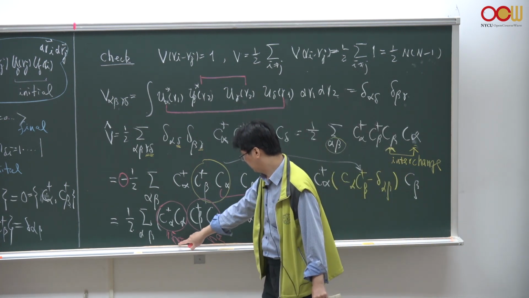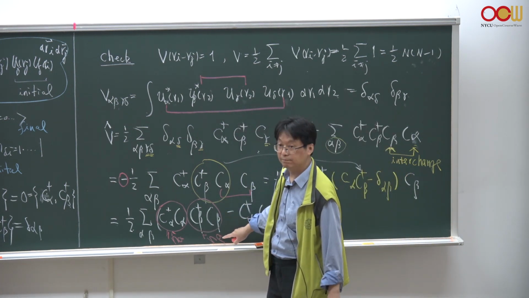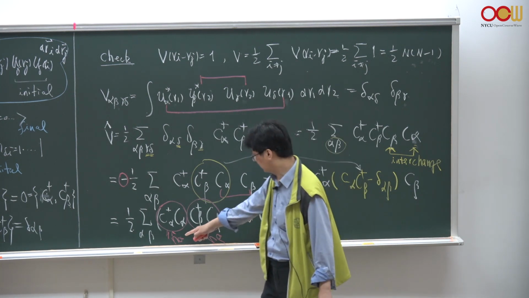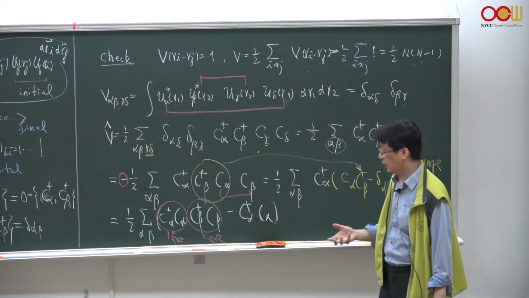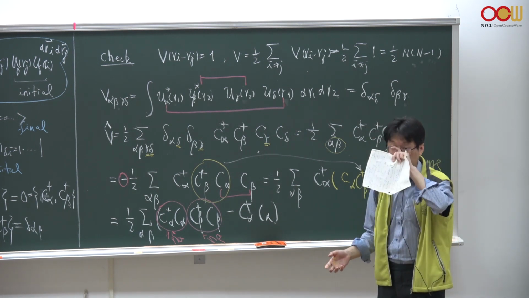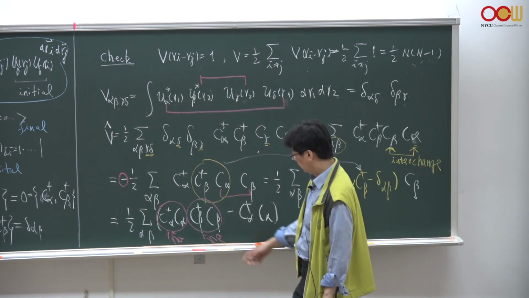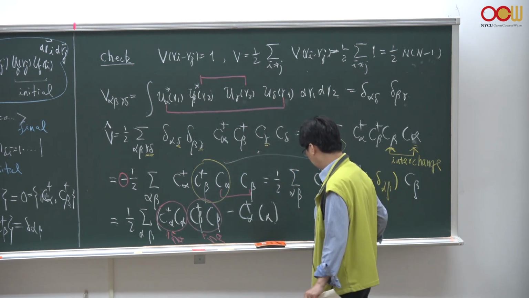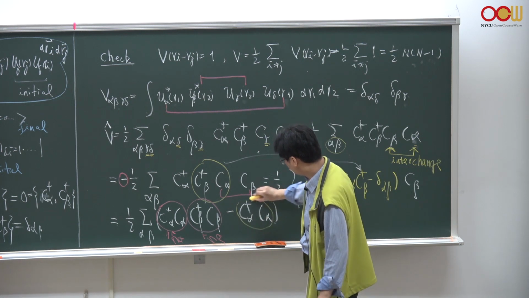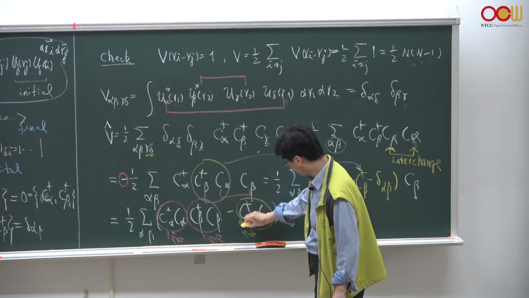What is the meaning of this n alpha hat and n beta hat? This is nothing but the occupation number operator, which takes the eigenvalue of the occupation of the particle staying in that state, alpha or beta, and the remaining term is simply n alpha wearing a hat.